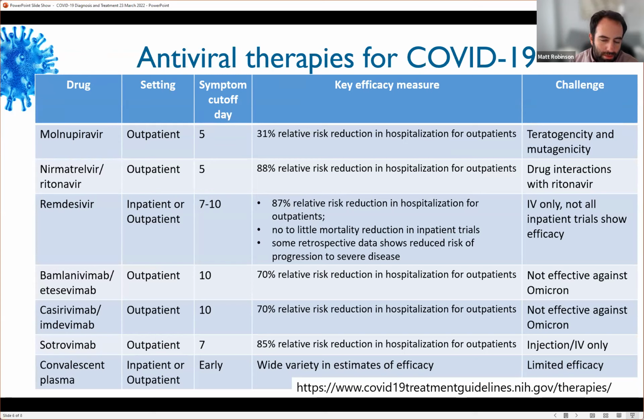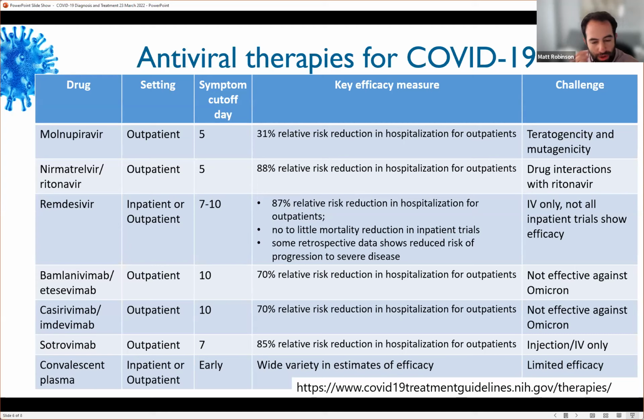Although that malignancy hasn't been shown in any of the trials, it's more a theoretic risk. The Paxlovid works very well. The problem is ritonavir interacts with many drugs. For those of you who are familiar with treating patients with HIV, I think you will already know the challenges of prescribing ritonavir.